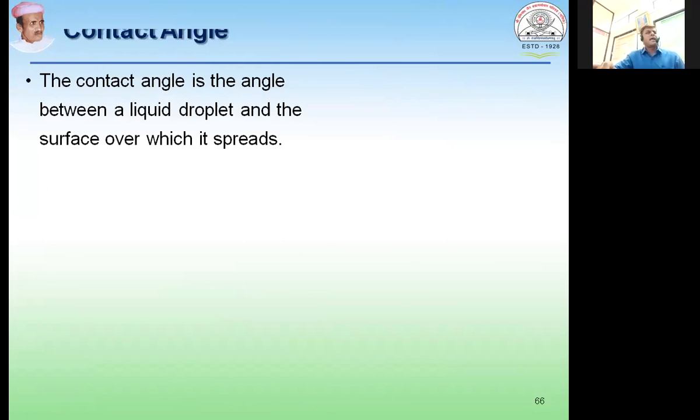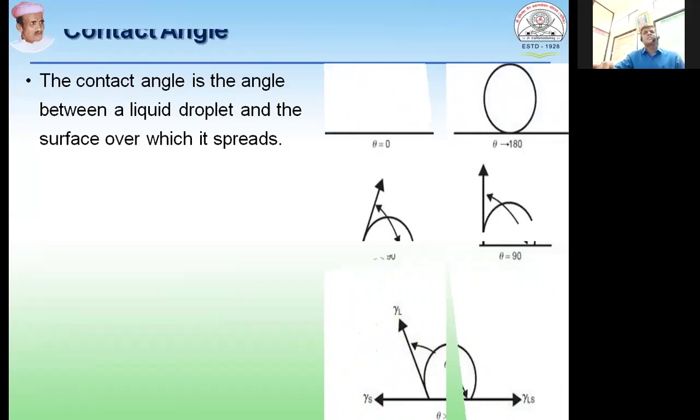Contact angle is the angle which is formed between the liquid droplet and the surface over which it spreads. See, when the contact angle value is 0, complete spreading of a given liquid will take place onto the surface. As contact angle goes on increasing, we'll find that wetting of the surface is becoming difficult.